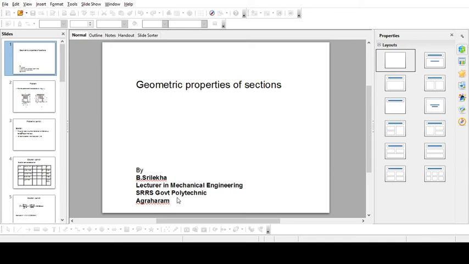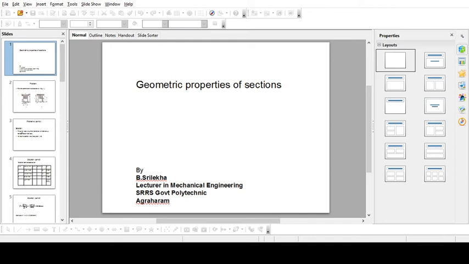Next we have taken the areas into multiples, a1 x1, a2 x2, a3 x3, and similarly a1 y1, a2 y2 and a3 y3, and the summation of all those. So the positions of the centroids also we have found.